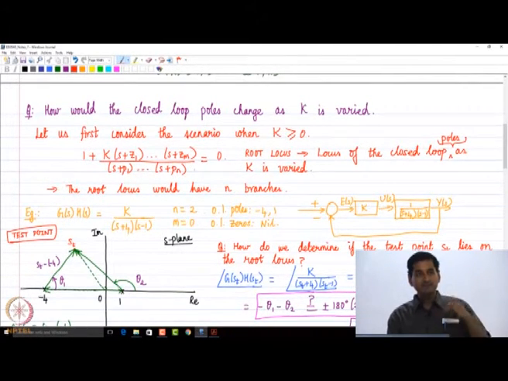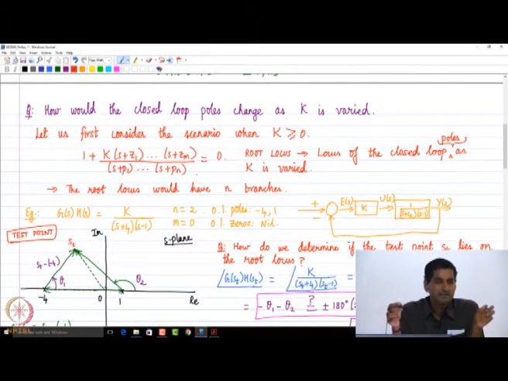As we discussed, each root locus will have n branches. Each branch will start from an open loop pole, and m branches will terminate at the m open loop zeros as k tends to infinity, and the remaining n minus m branches will go to infinity along asymptotes. So asymptotes are going to exist only when n is strictly greater than m.